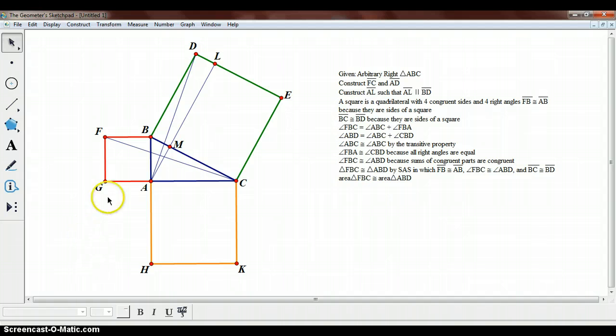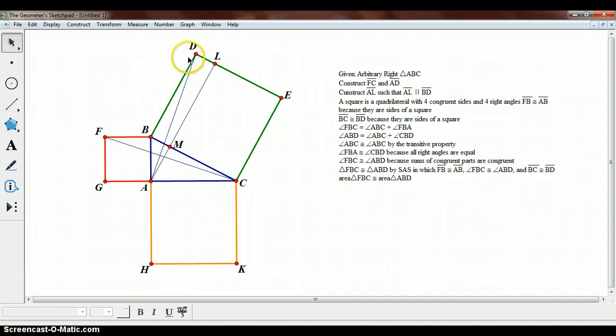Next, I want to prove that the area of triangle ABD is half of the area of rectangle DBML. The area of a triangle is 1/2 base times height, and the area of a rectangle is base times height.